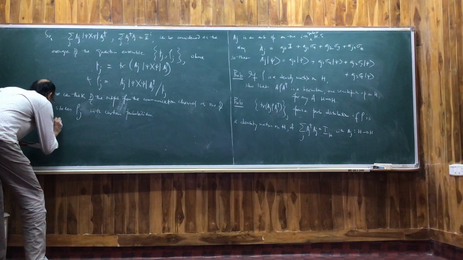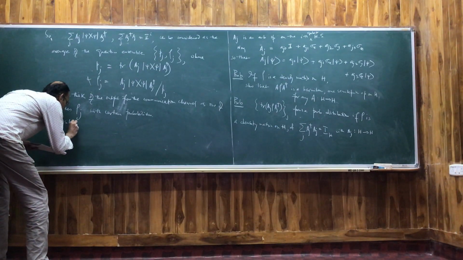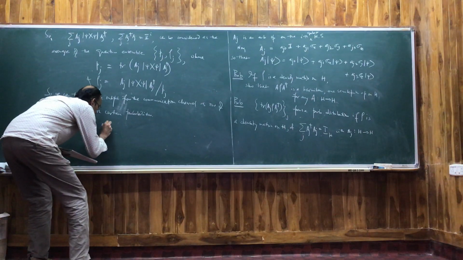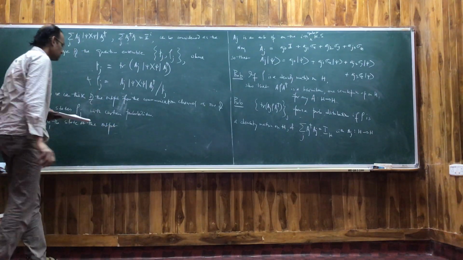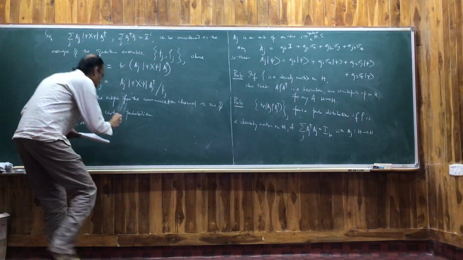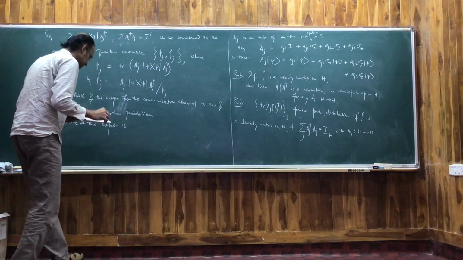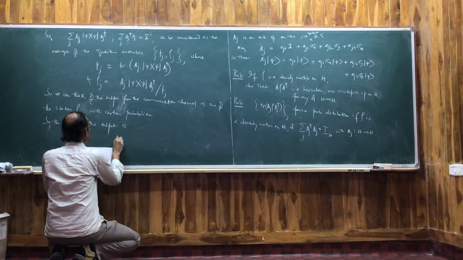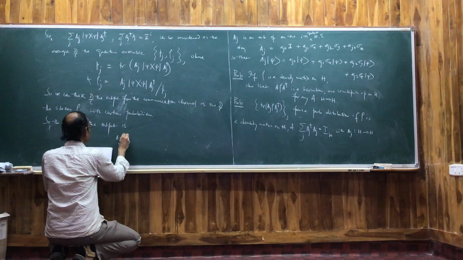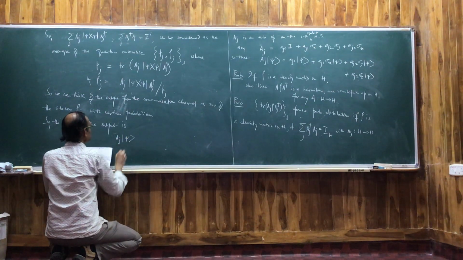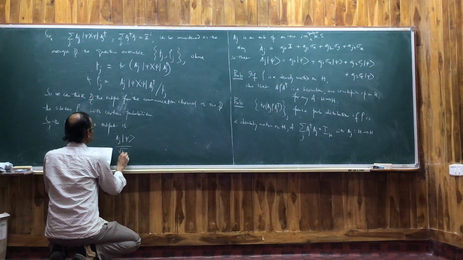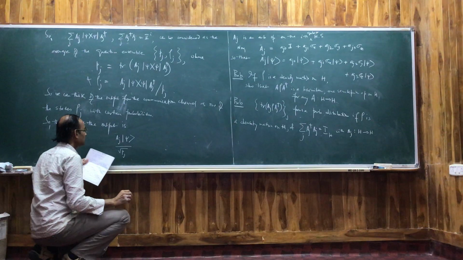So the state at the output is Aj psi over square root of Pj.